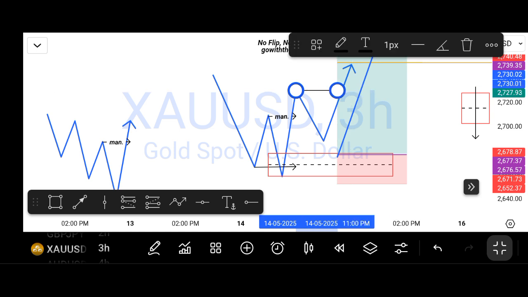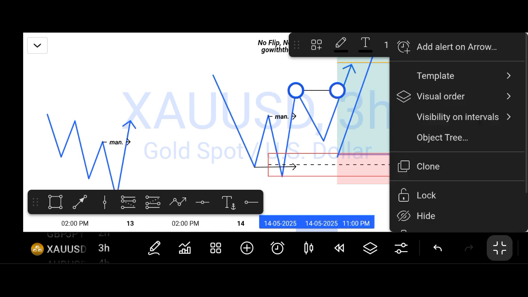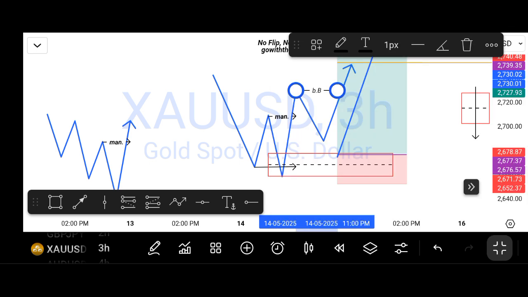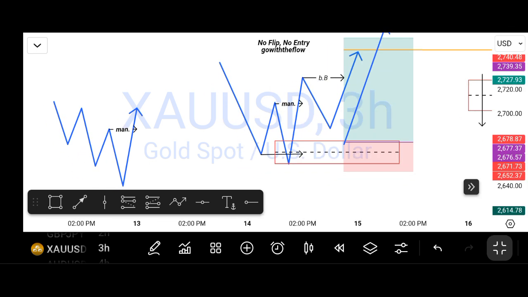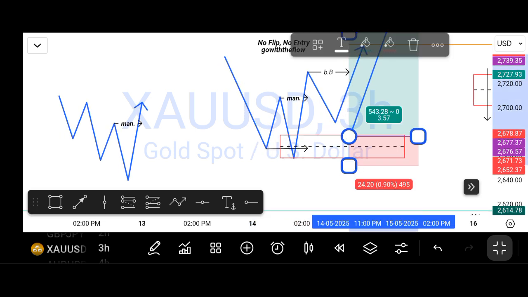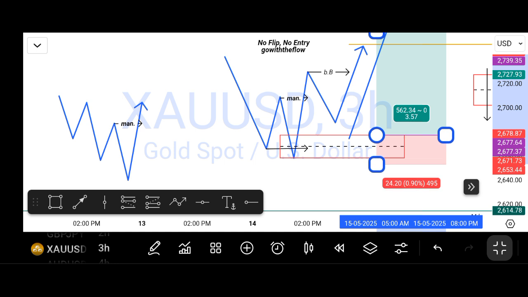Once we get the second break of structure, we are now positive that price wants to finally go up. So we should not take our entry from the demand zone at that manipulation level. After the manipulation, we take our entry from the demand level.